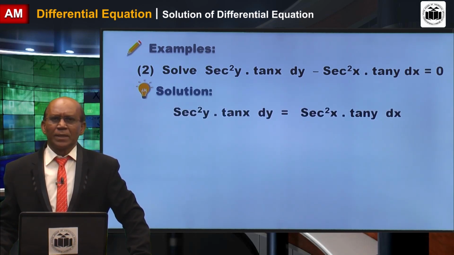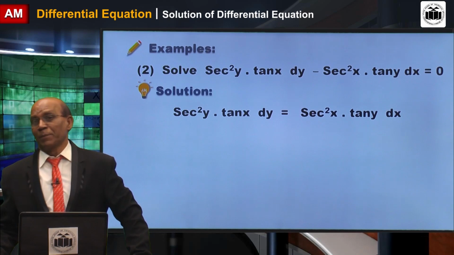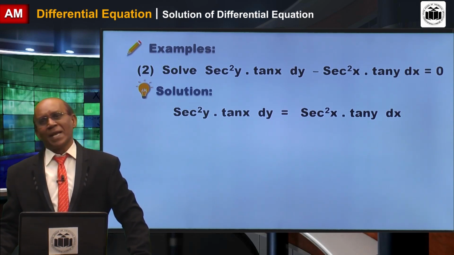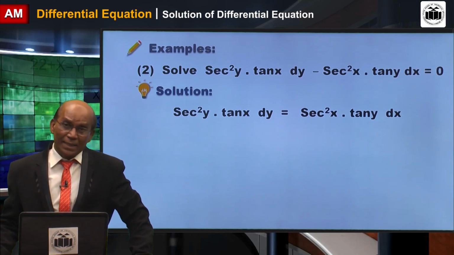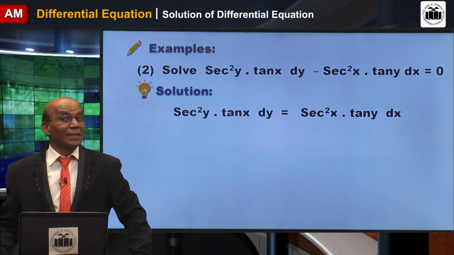Sec square y tan x dy equals sec square x tan y dx. Now this is definitely a variable separable equation, but the variables are not separated here, because in the dy there is a term of tan x and in dx there is a term of tan y, and we don't want that in the expression.